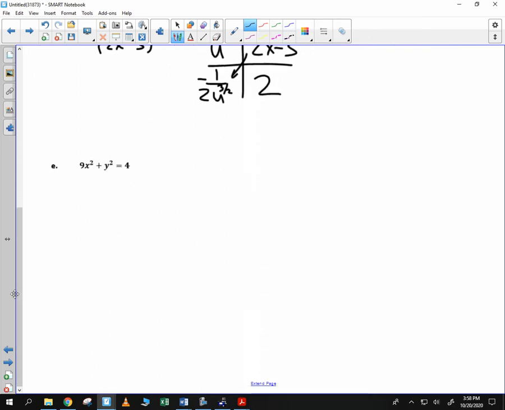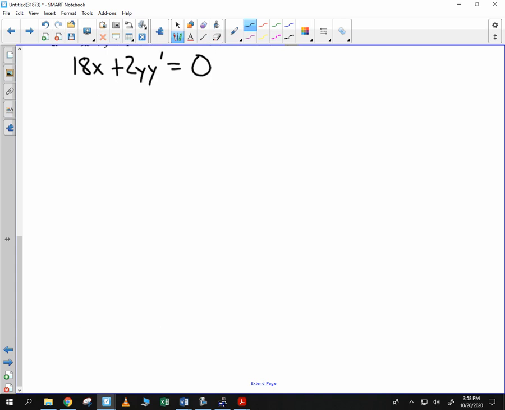The last one. We find the first and second derivatives. This one involves implicit differentiation. The derivative of 9x squared is 18x. The derivative of y squared is 2y, y prime. And the derivative of 4 is 0.